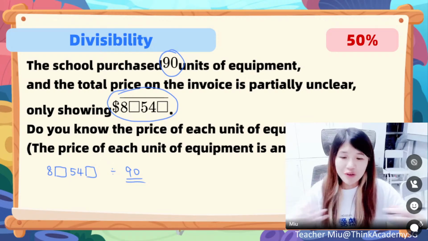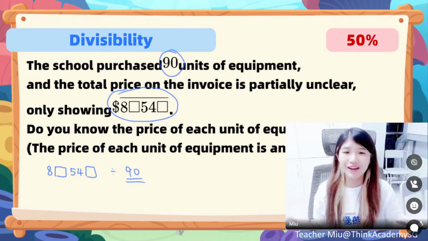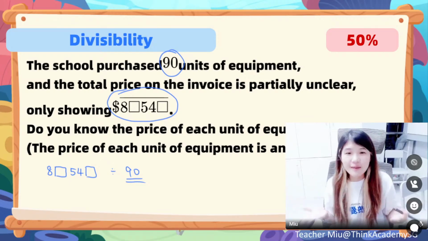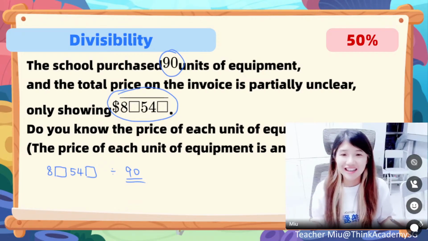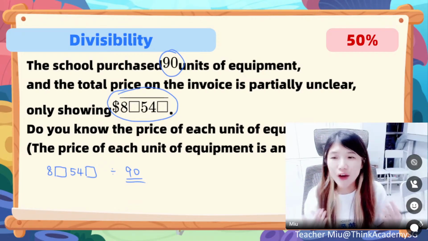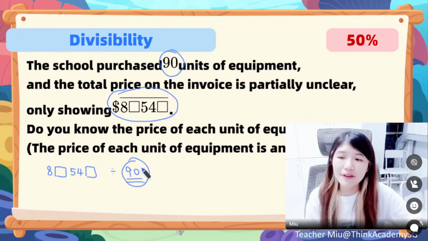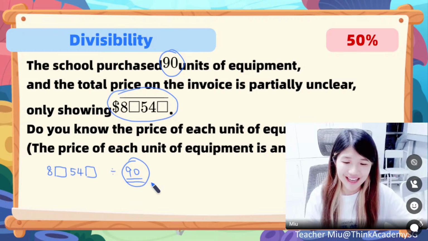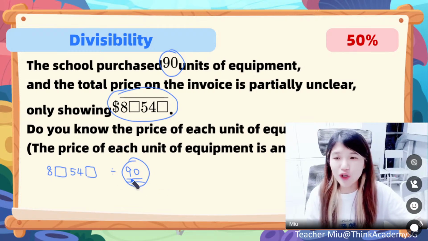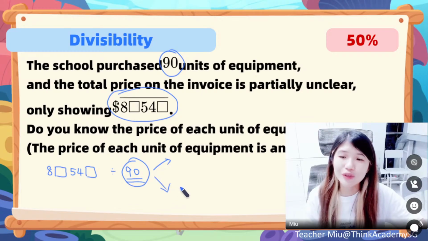Now you might say, for this part, the divisibility rule of 90, we didn't learn that. So how can we do it? Guys, when you go to a number that you don't know, well done. When you go to a number you don't know, you can just split it up into numbers you know.